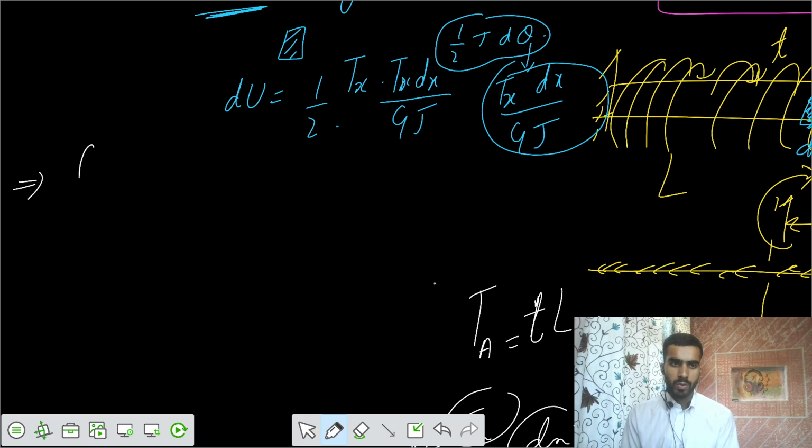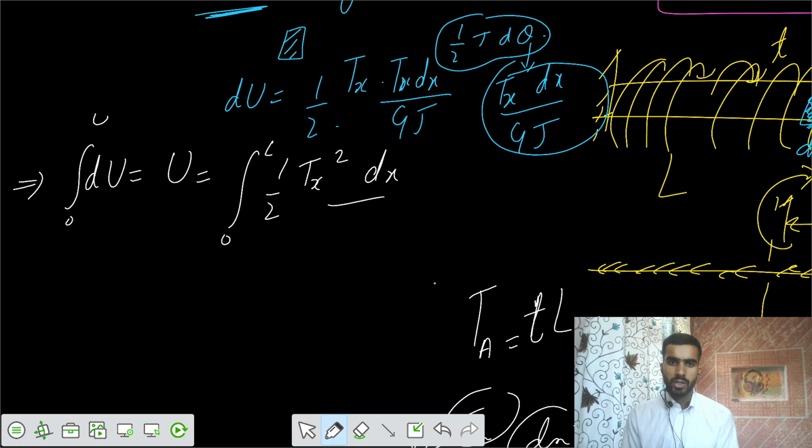So the total strain energy, U, equals the integral from 0 to L of 1 by 2 Tx square dx by GJ.